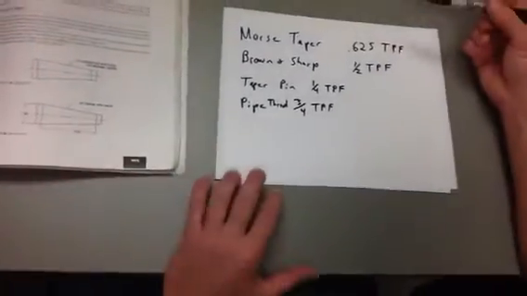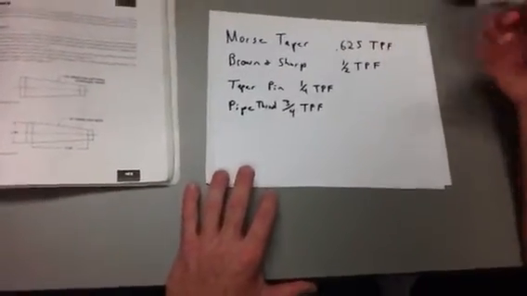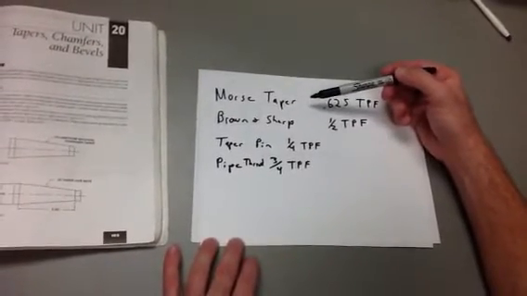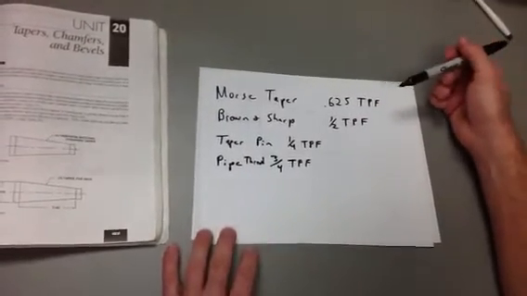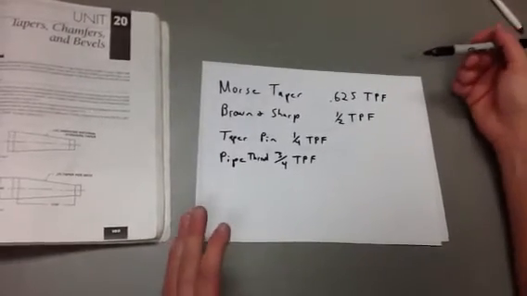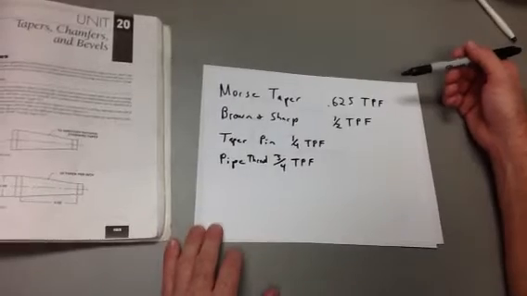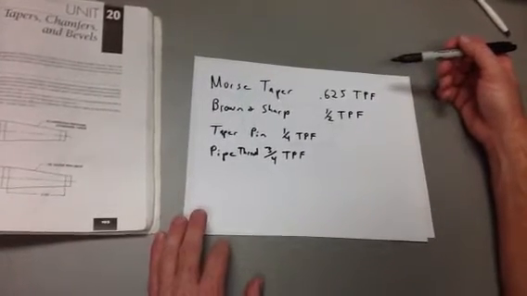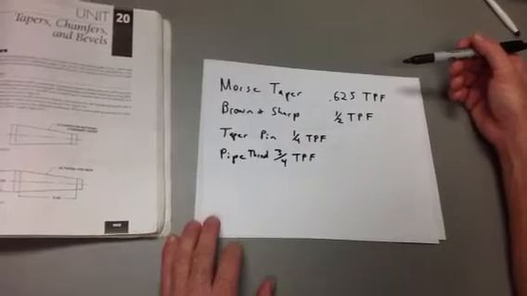For those that are in fundamentals or have had fundamentals, you're all going to know what a Morse taper is. Morse taper is a self-locking taper. It's a real slight taper that's on the end of a drill bit that holds a drill bit into a spindle on a drill press, or holds it into the tailstock on a lathe.